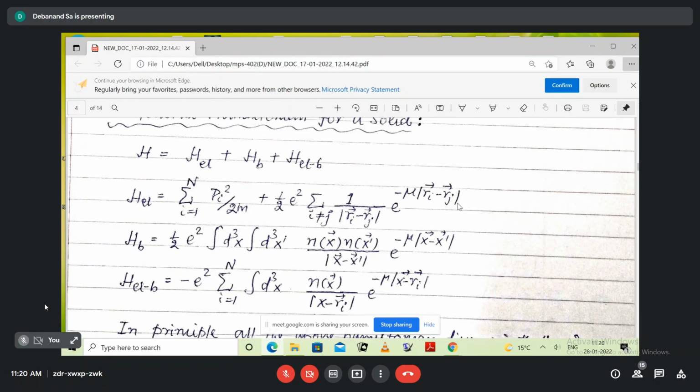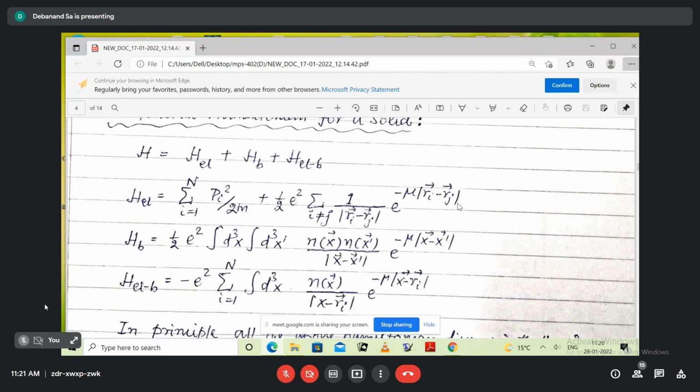Do you understand what I said? If you have only two electrons, then there's a bare interaction. Electron 1 is going to interact with 2, or 2 is going to interact with 1. There is no problem. But if you have a large number of electrons, Avogadro's number, and if I take electron 1 and electron 1000th, then there will be a large number of electrons in between.